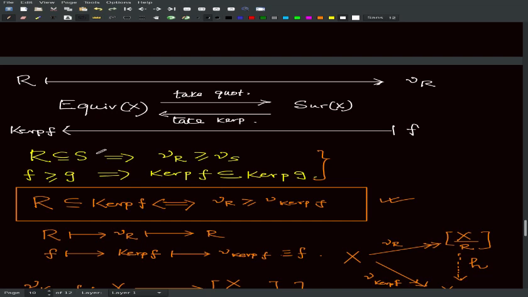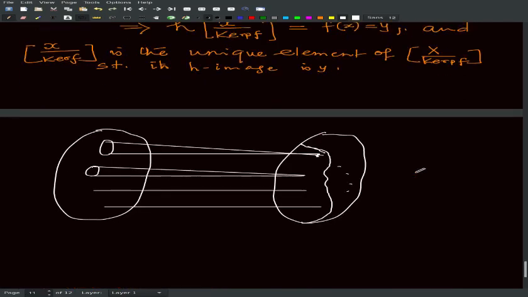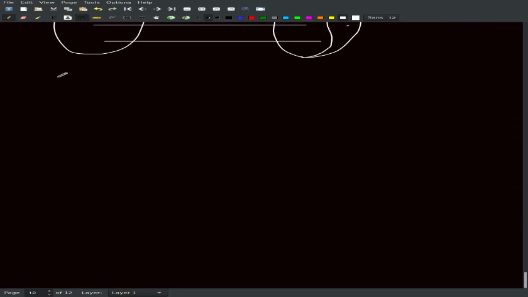Once we get a grasp of this, the next thing we are going to do is to study these relations: relations which are reflexive, transitive, and antisymmetric.